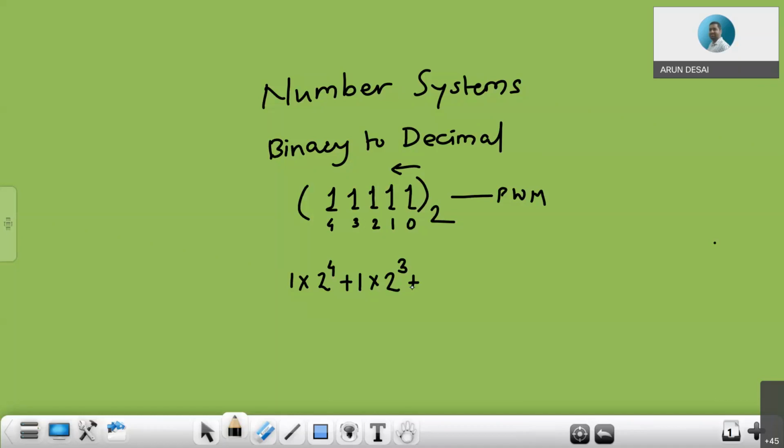Those who are done, convert this: 1, 1, 0, 1, 0, 1. Convert this to decimal.